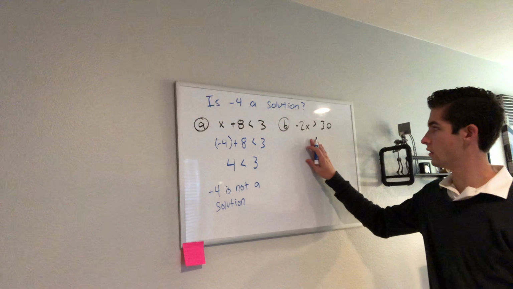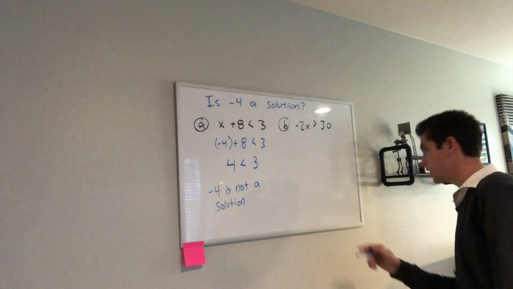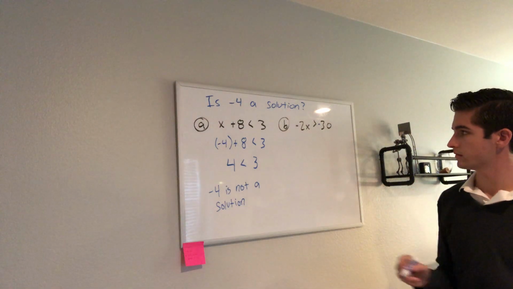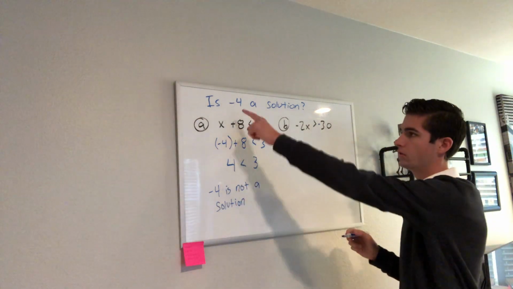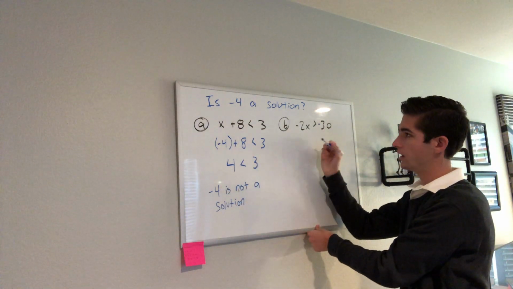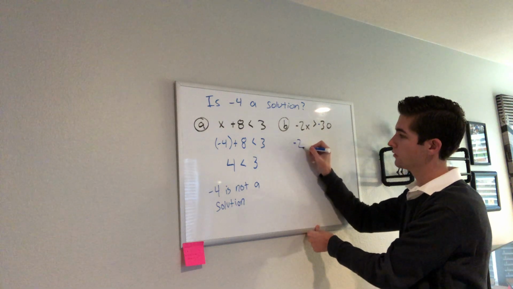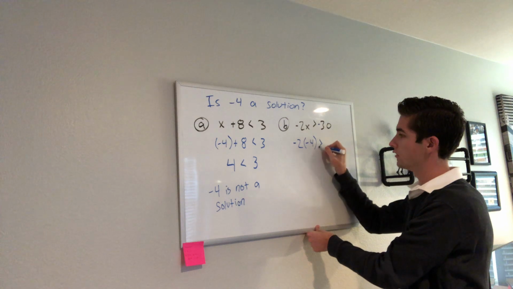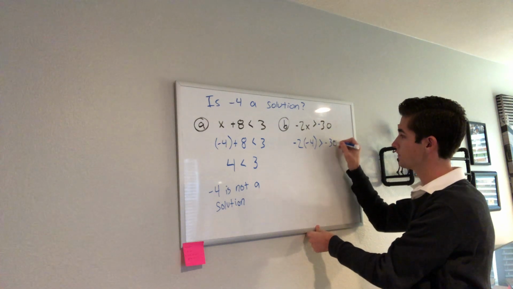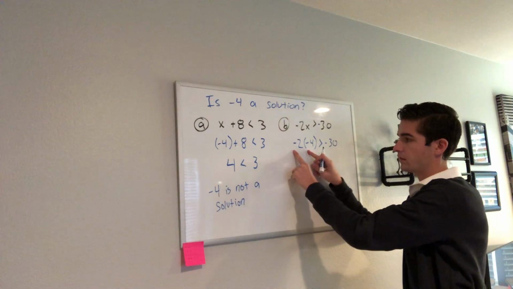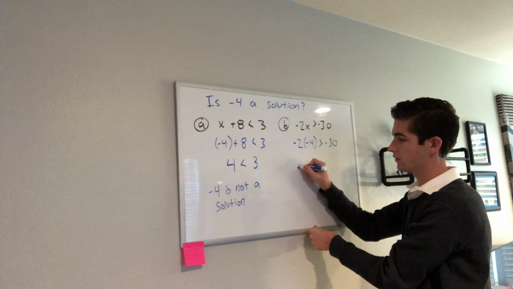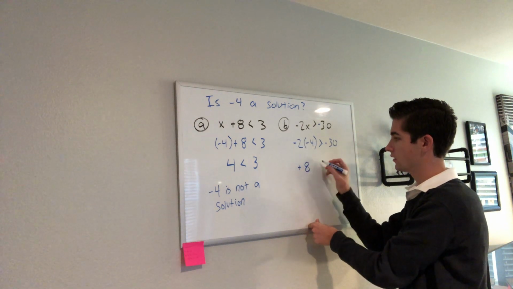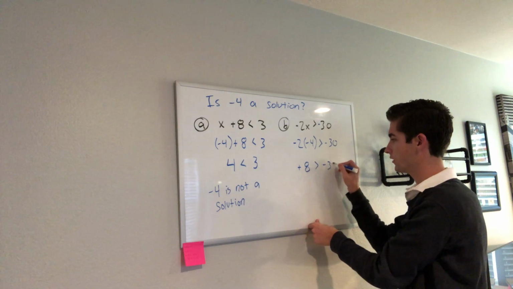So let's come over here, and this is supposed to be -30, my bad. It's -30. So again, we'll plug -4 in, so -2 times -4 is greater than -30. A negative times a negative is a positive. 4 times 2, 8 is greater than -30.